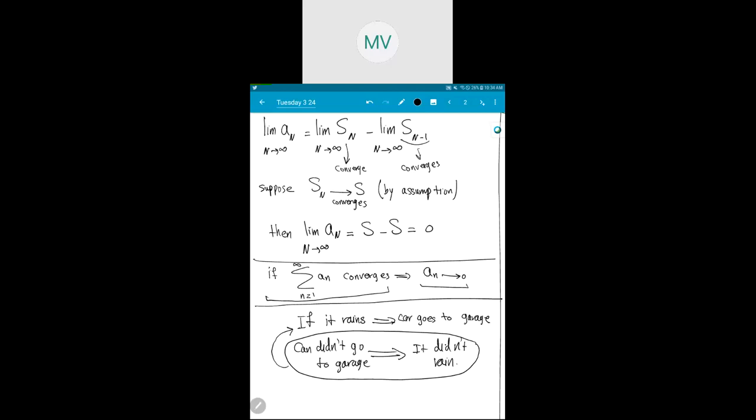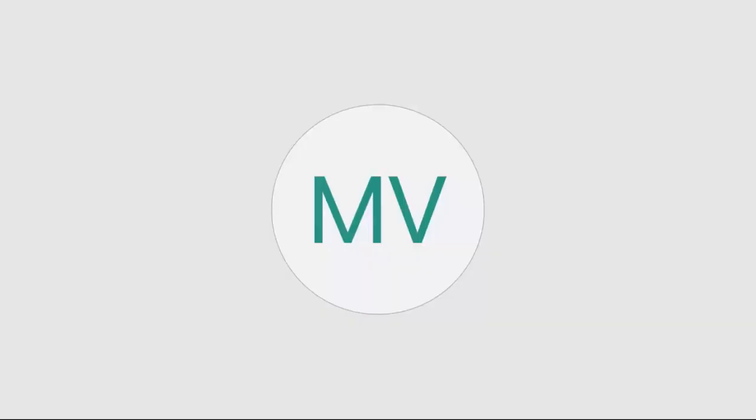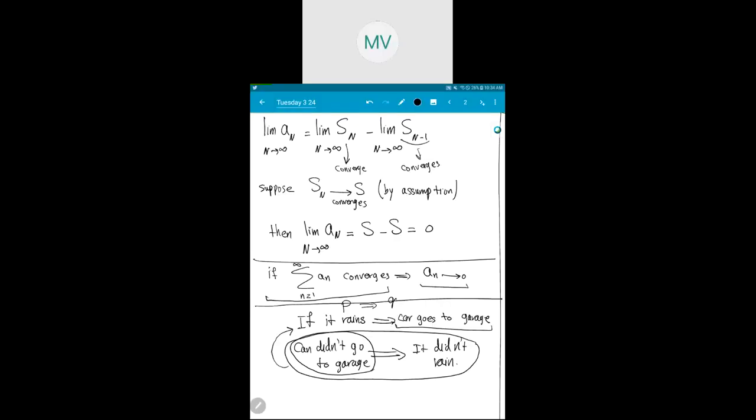In fact, if the first one is P then Q, what's the relationship between this one and this one? By grammar, what's the difference between car goes to garage and car doesn't go to garage? They are opposite of each other, exactly.